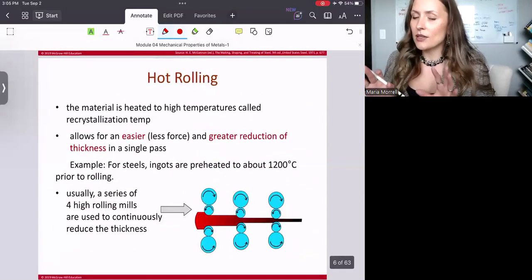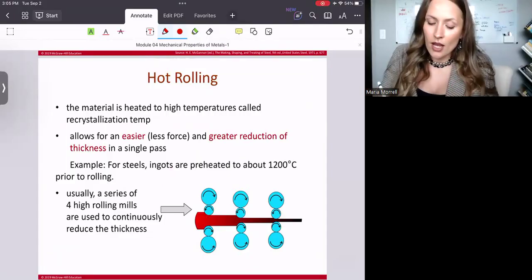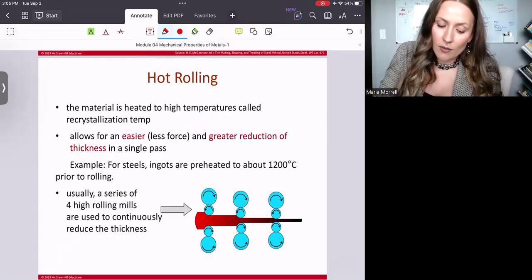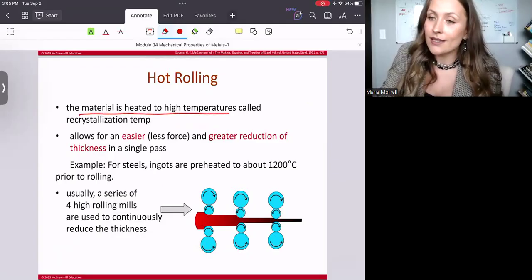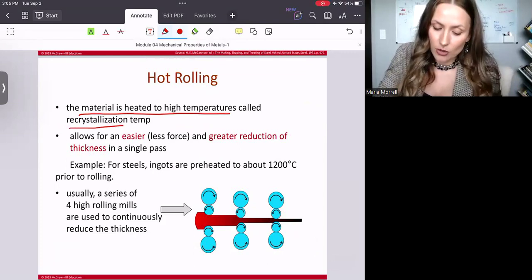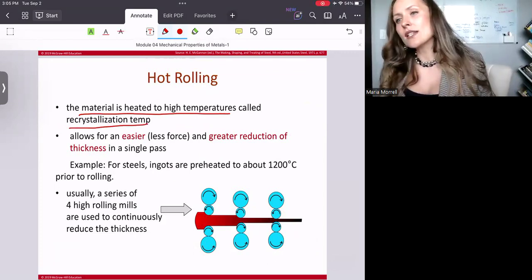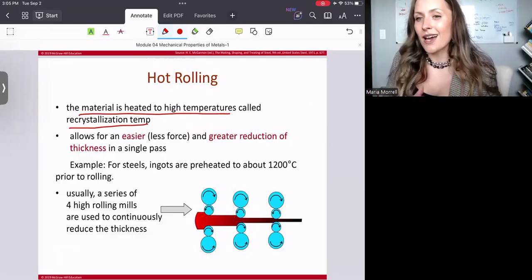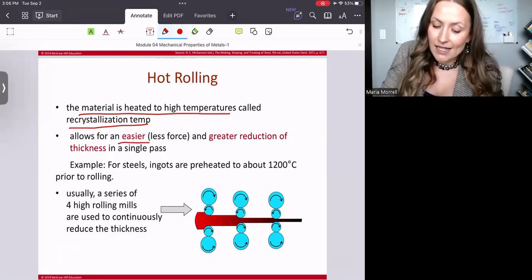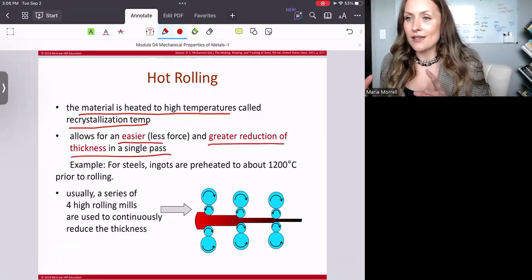Okay, so just a little bit about hot rolling right away. Typically, whenever we apply hot rolling, the material is heated to high temperatures, and those temperatures we typically call recrystallization temperatures. Now, the reason we sometimes opt for hot rolling is because it allows for an easier and greater reduction of thickness in a single pass, right?